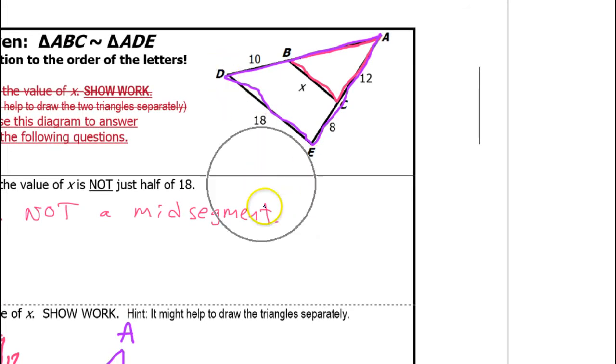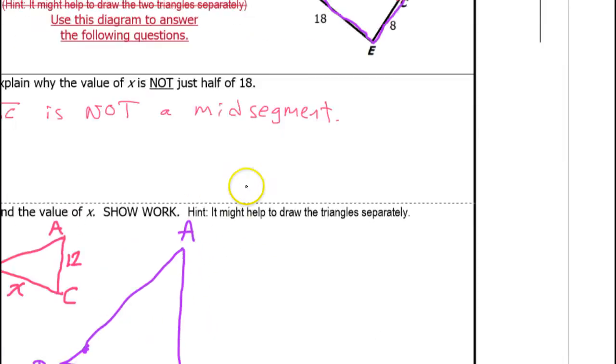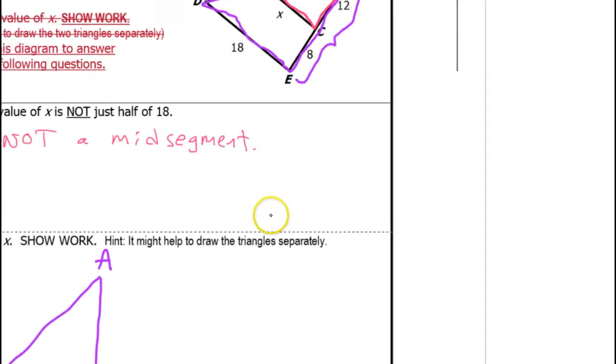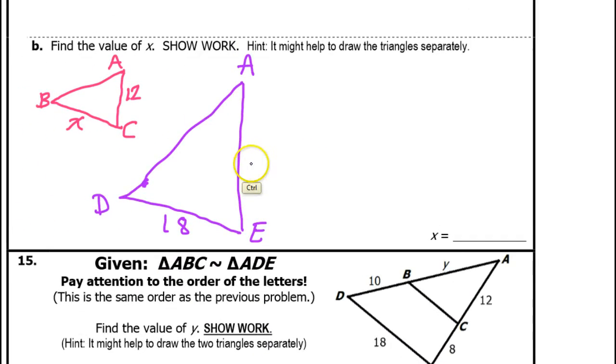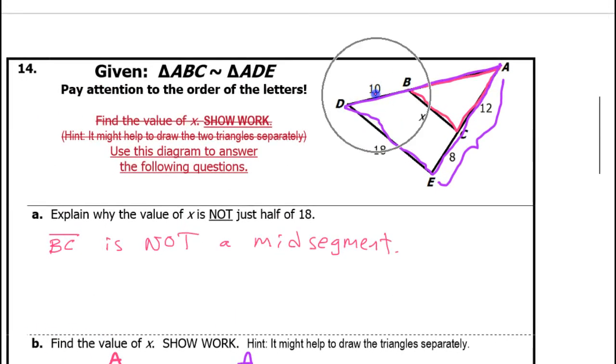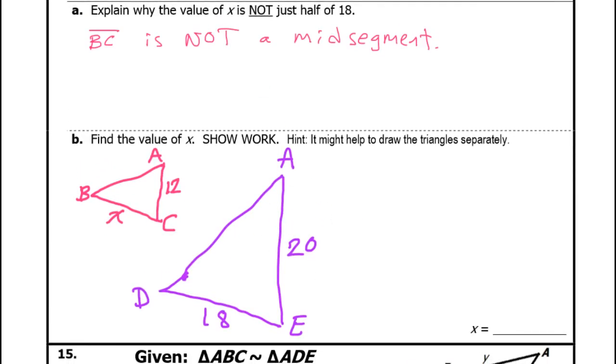Well, DE is 18. So that's 18. Now, what about AE? Be careful, AE is going to be the sum of these two. So this is 20. AE is going to be 20. It looks like I'm not really going to need this 10 for any reason. So I should be able to solve this right now.